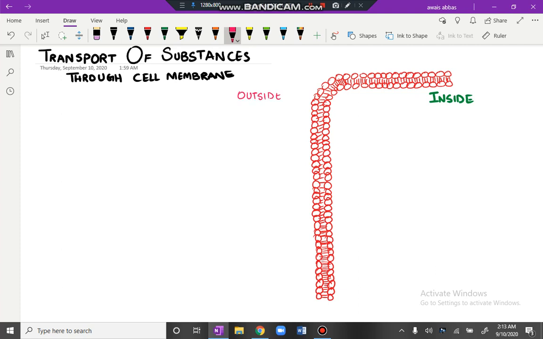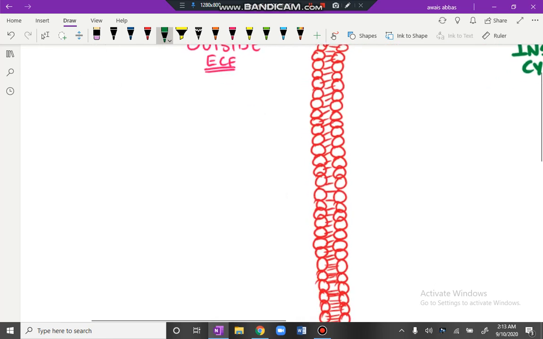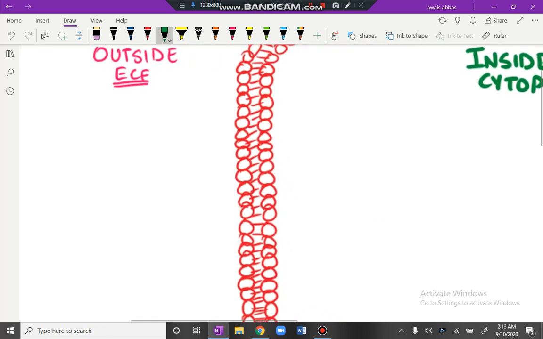And as you all know, the outside of the cell is actually made up of extracellular fluid, and the inner side of the cell is made up of cytoplasm. Okay, so now we are going to focus upon the components that are present inside and outside of the cell.